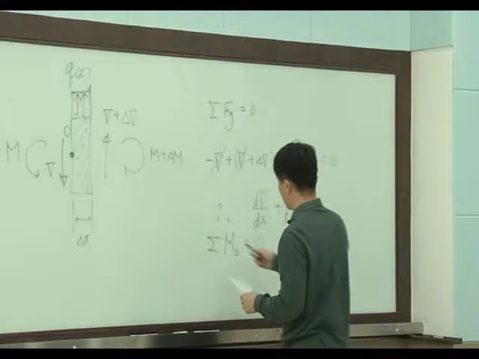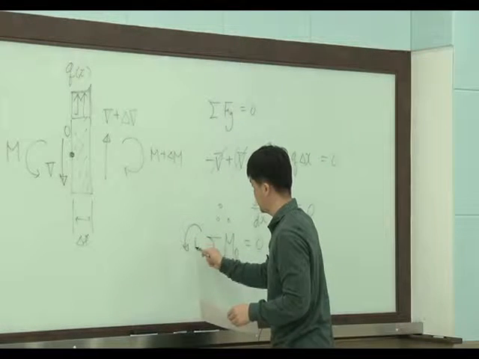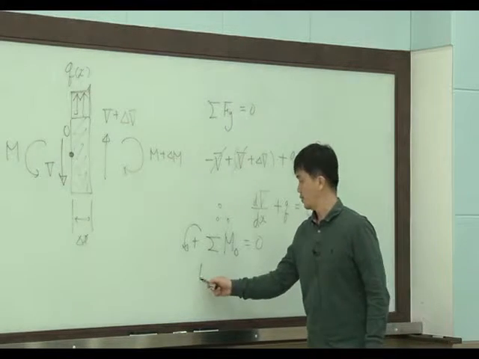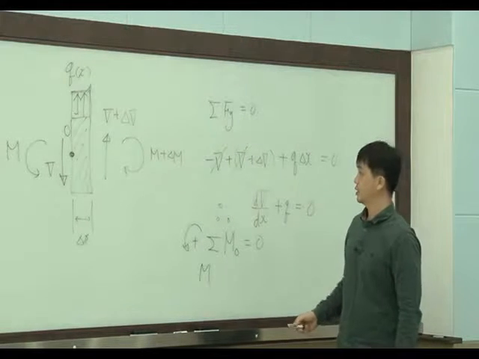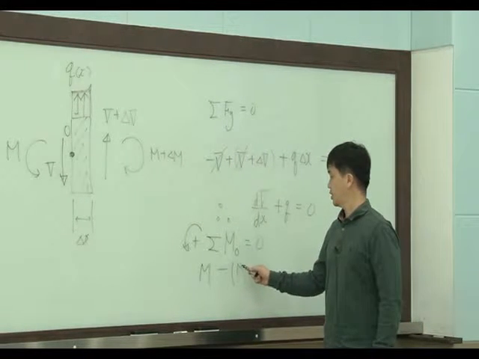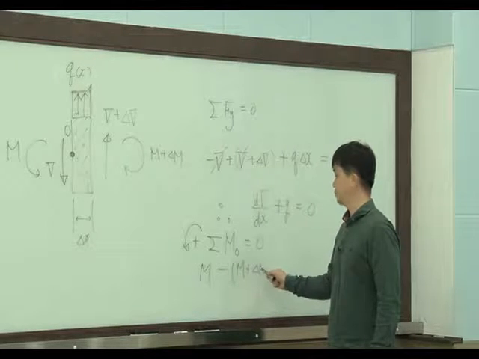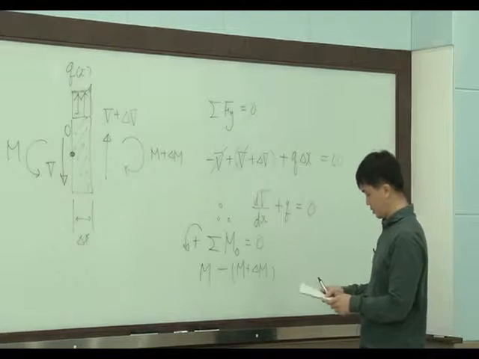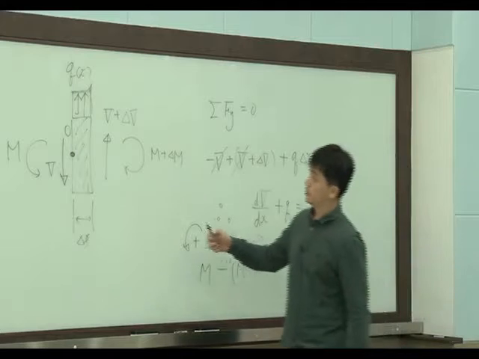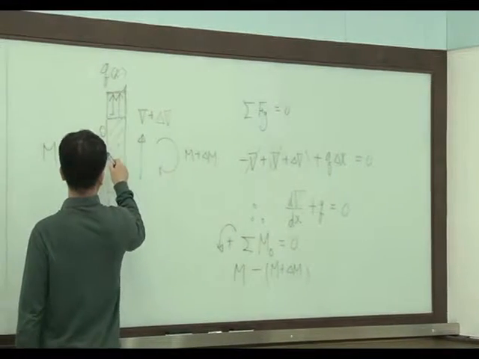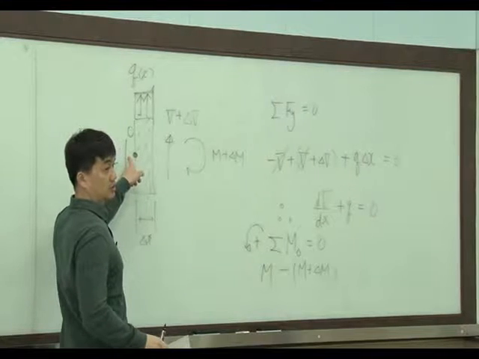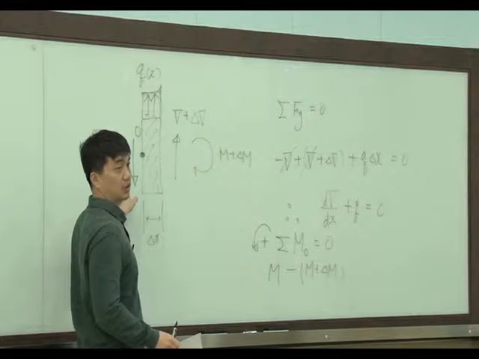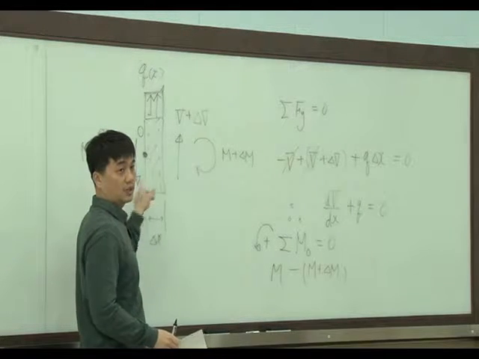Okay, so I'd like to define this direction of moment as plus. Then minus M plus M plus delta M, and also we have a moment. So this is the point I am considering to calculate moment. This force cannot make any moment because its moment arm is 0.